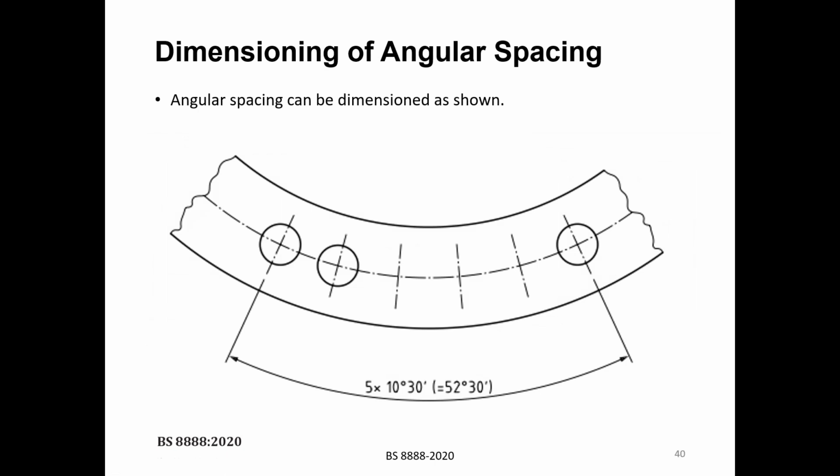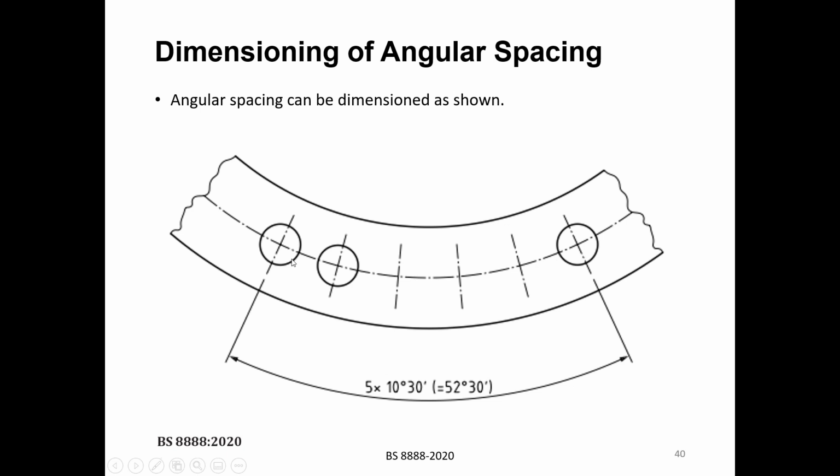If you have angular spacing, this is how you dimension them. For example, these holes are located here equally. So you can just say from here to here we have 5 distances: 1, 2, 3, 4, 5.